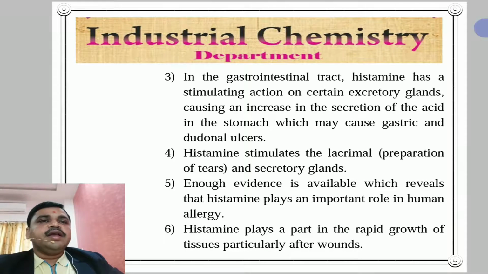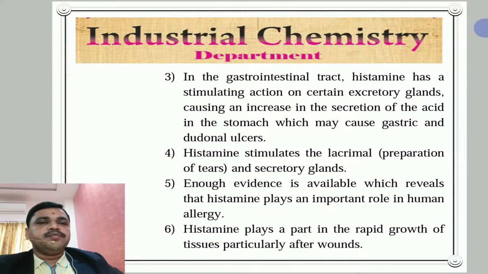Number 3, in the gastrointestinal tract, histamine has a stimulating action on certain excretory glands, causing an increase in the secretion of acid in the stomach, which may cause gastric and duodenal ulcers. Number 4, histamine stimulates the lacrimal, that is, tear-producing, and secretory glands.